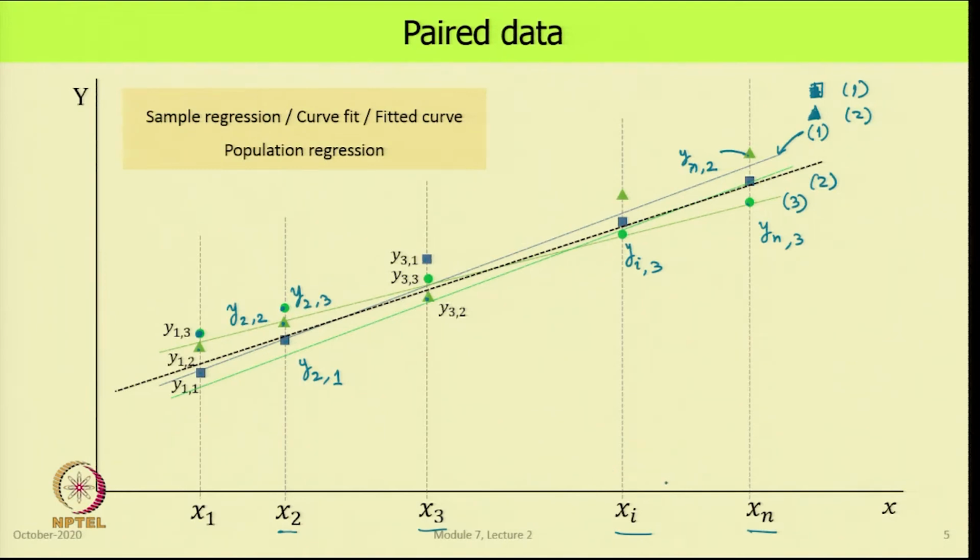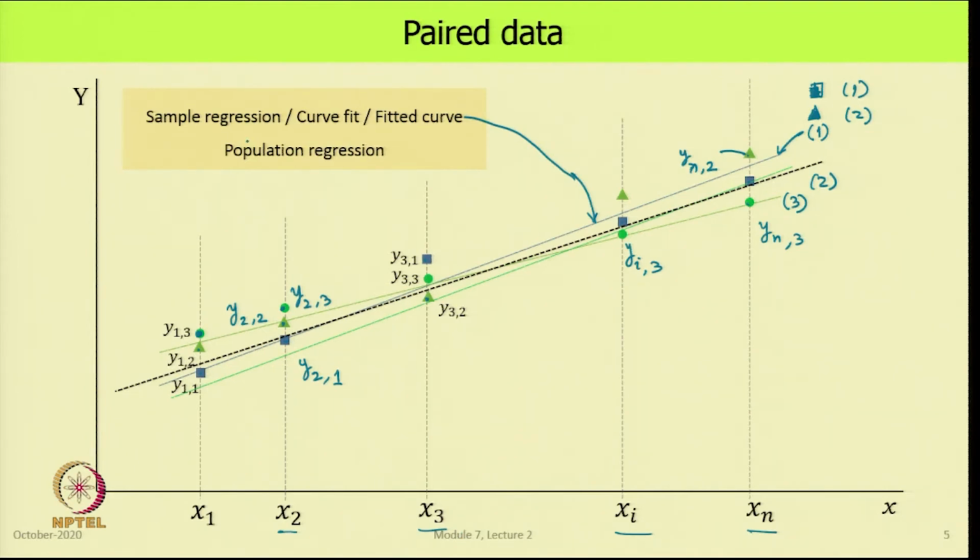So, we would have 3 regressions from 3 different sets of data, and each one of these is called the sample regression or the fitted curve. When we say we do a curve fit, this is what we mean. This is somewhere referenced as fitted curve.